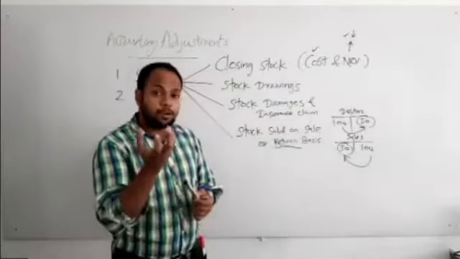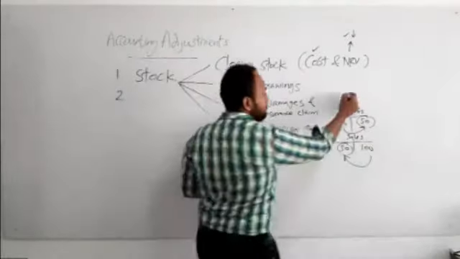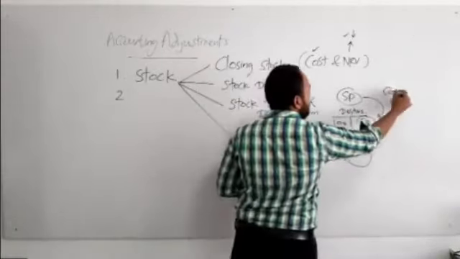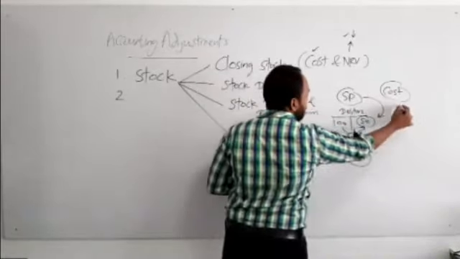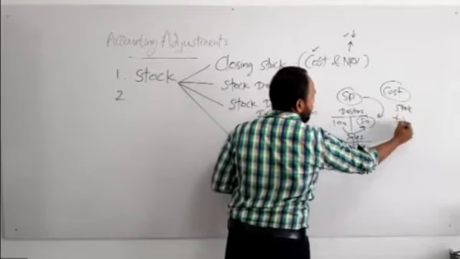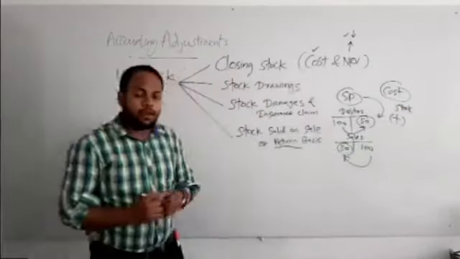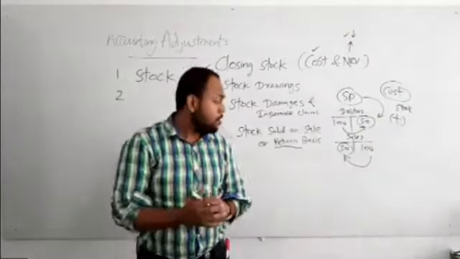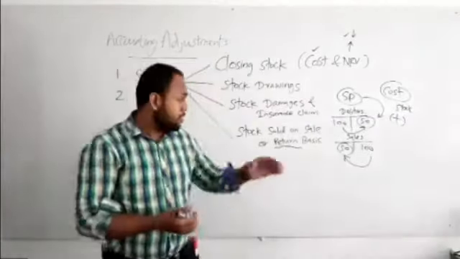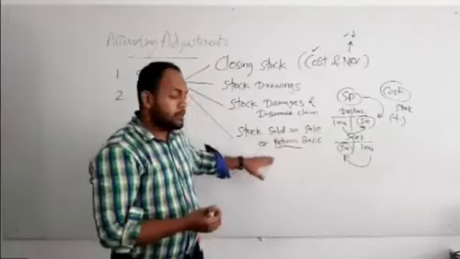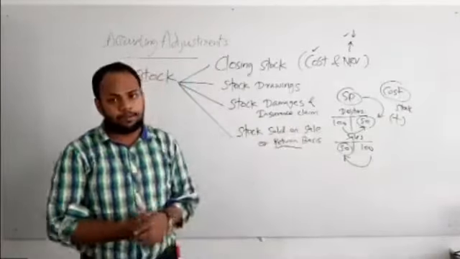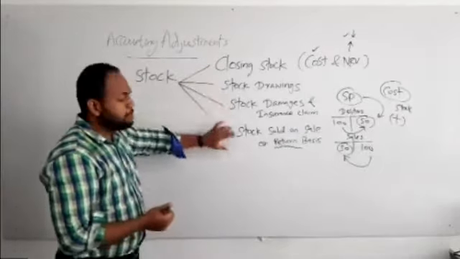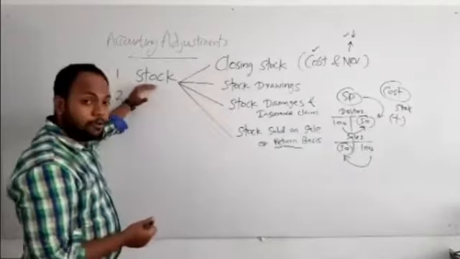And the cost of this stock should be added to the closing stock value because it is our stock. We have given the stock on a condition of sale or return basis. So these are the 4 important adjustments related to stock.